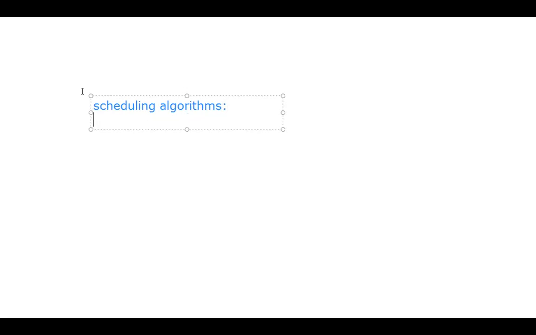So there are various types of scheduling algorithms available. First of all, algorithms basically divide into 2 types. First is preemptive and second is non-preemptive.